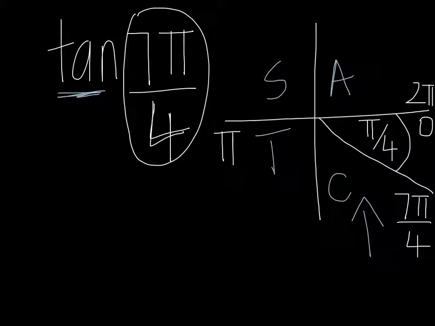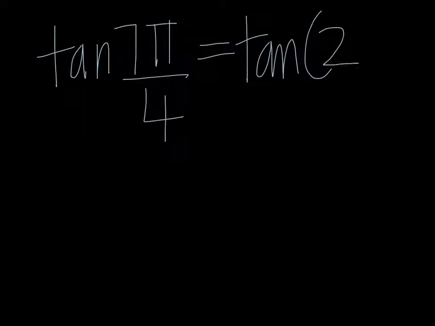We're going to rewrite this. So we can say tan of 7 pi on 4 is the same as tan 2 pi less pi on 4.